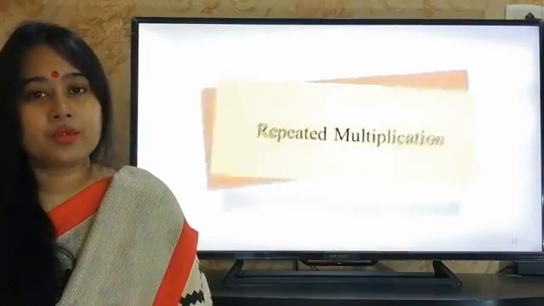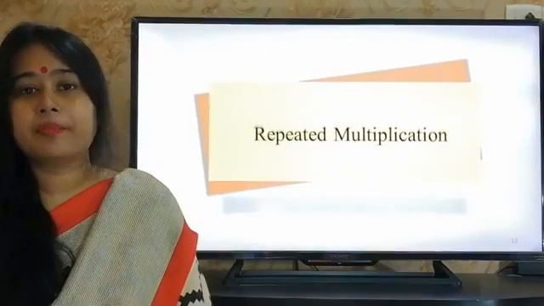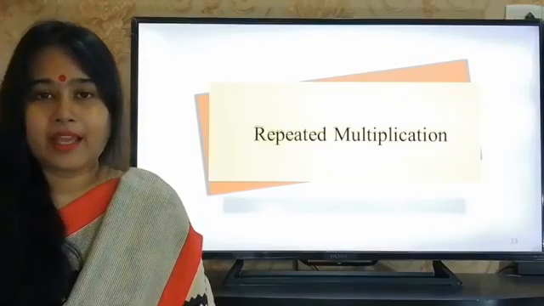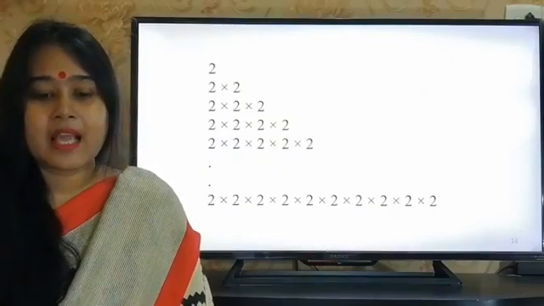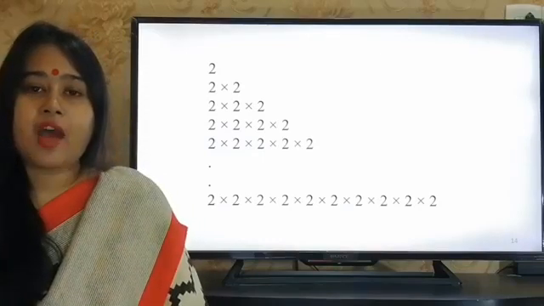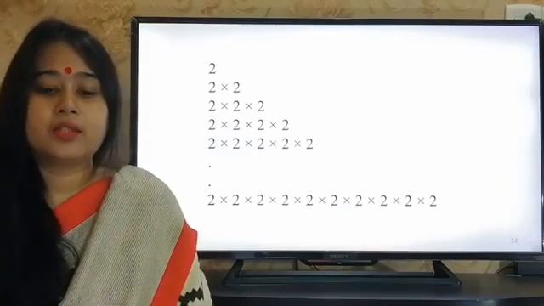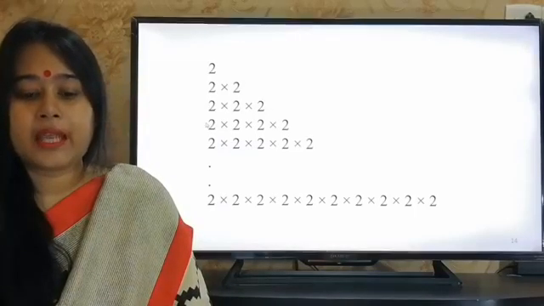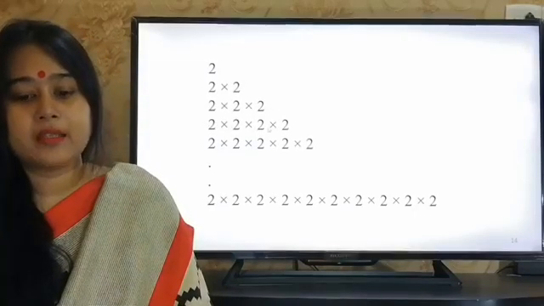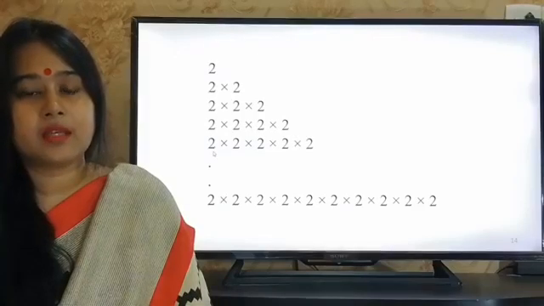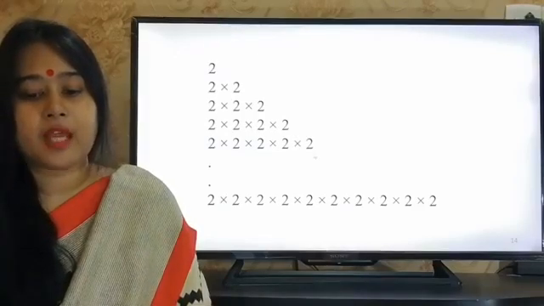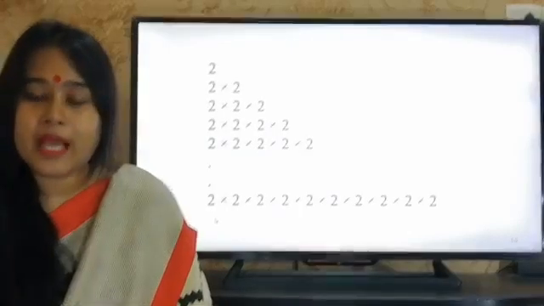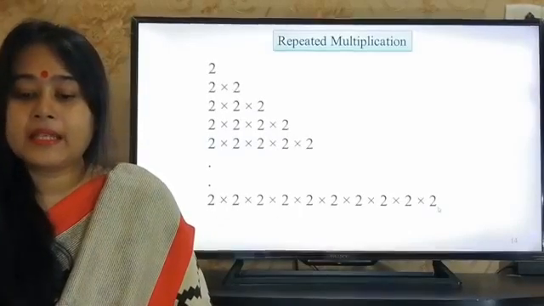So what about when it comes to repeated multiplication? What will we do that time? Okay, let's see. Here, if we have 2 and then 2 into 2, 2 into 2 into 2, and then 2 is multiplied by itself 4 times, and 2 is multiplied by itself 5 times, and so on, and then last of all we have 2 multiplied by itself 10 times.